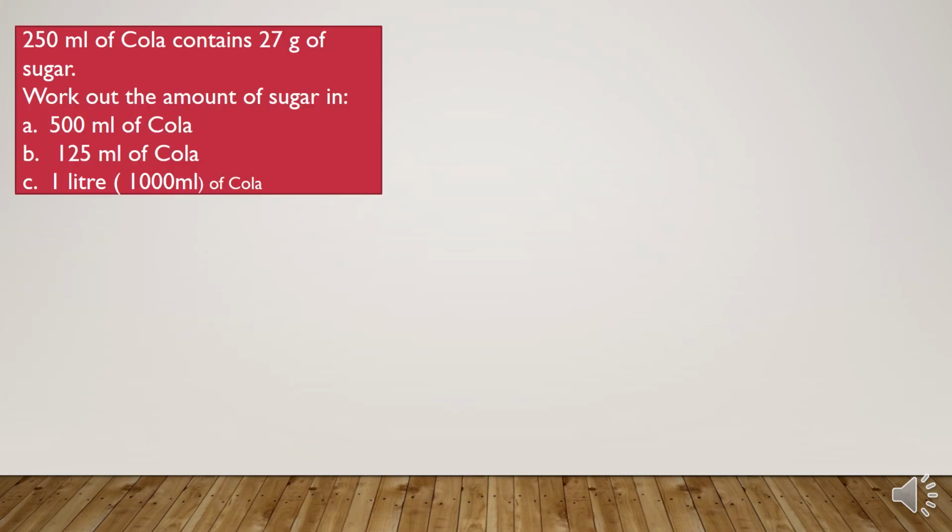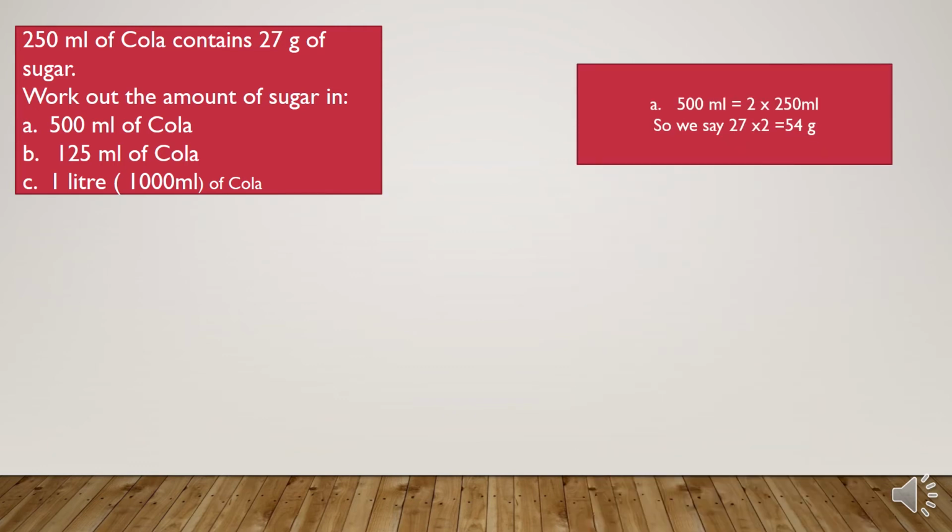For example, if 250 milliliters of cola contains 27 grams of sugar, work out the amount of sugar in 500 milliliters of cola. To do this, you know that 500 is double 250, so you multiply by 2.